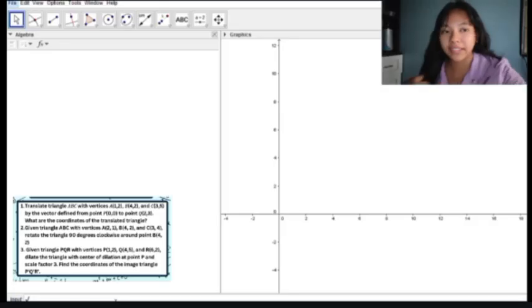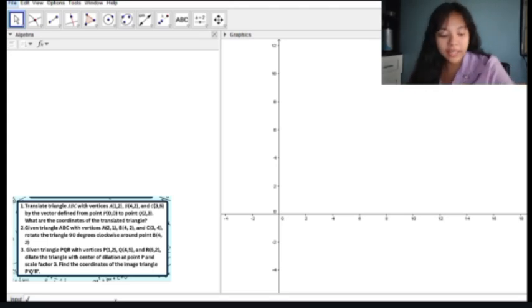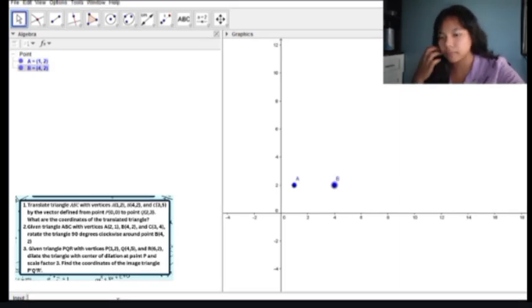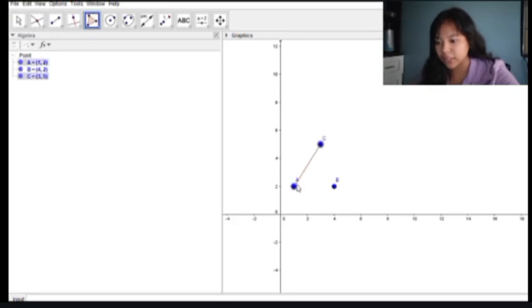So let's do that in GeoGebra. So question number 1, translate ABC with point A (1, 2), point B (4, 2), point C (3, 5). Connect it using the polygon tool.